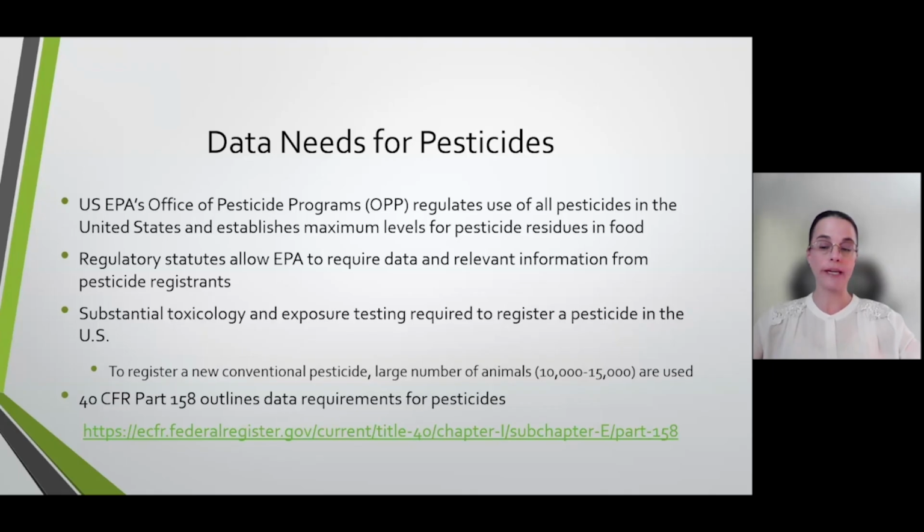When we're talking about data generation, we have toxicology data, exposure data, and product chemistry and performance information. As a result of all of this testing, it can cost millions of dollars to register a new conventional pesticide, and in turn, this requires a large number of animals. On the bottom of the slide here, there's a link to 40 CFR Part 158, and this outlines all of the data requirements for pesticides.